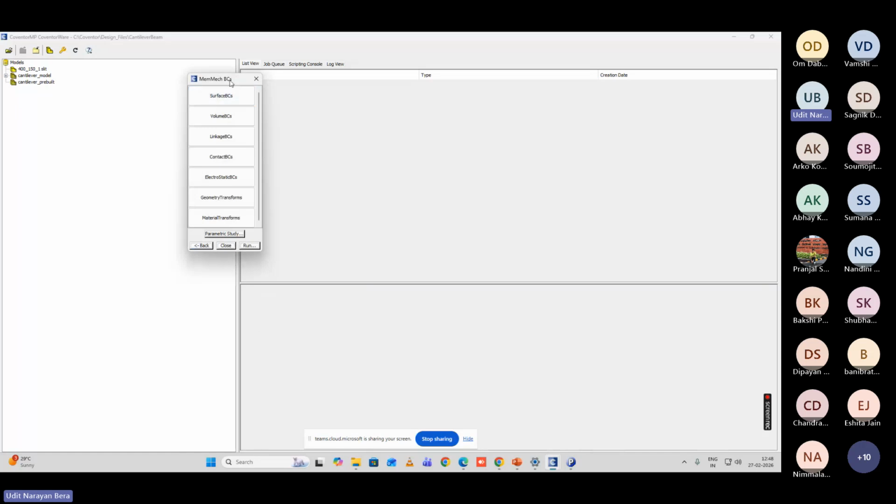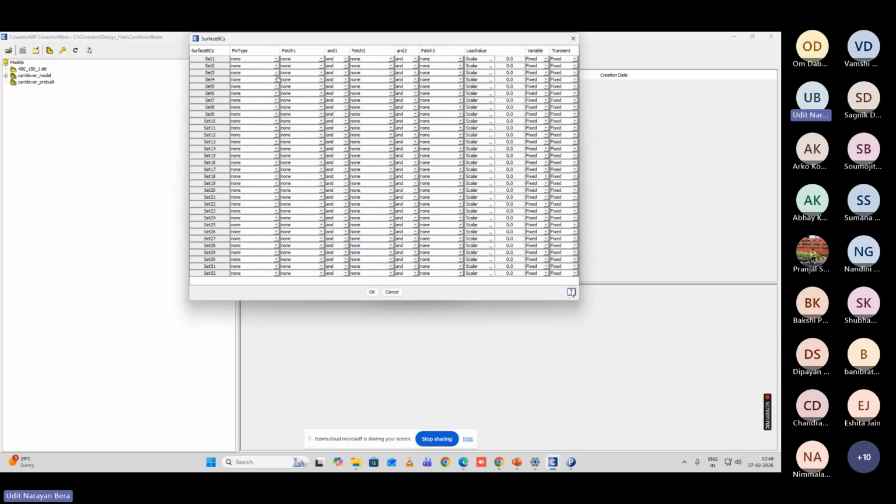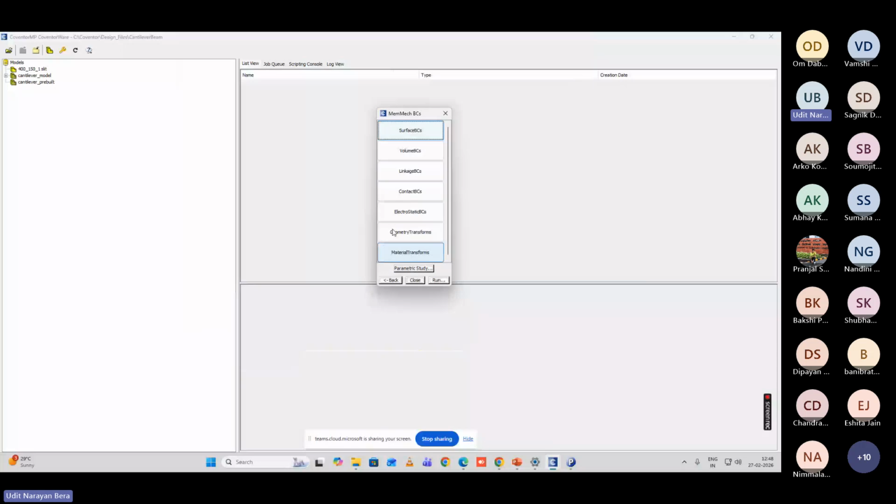But before going for the solution, you must set the boundary conditions, like what I told you, that when your cantilever will be working, that anchor will be fixed. So what I am doing, I am just fixing that fixed position. If you remember, I have given the name fix at that anchor position. I'm just making it fix all. That means in XYZ direction, that will be fixed. That's the boundary condition I have given. Okay, so this will give you the natural frequency.